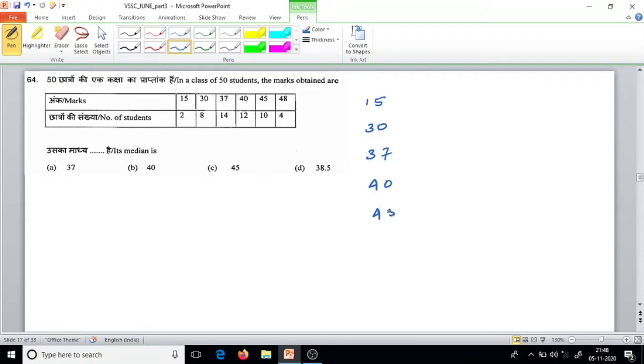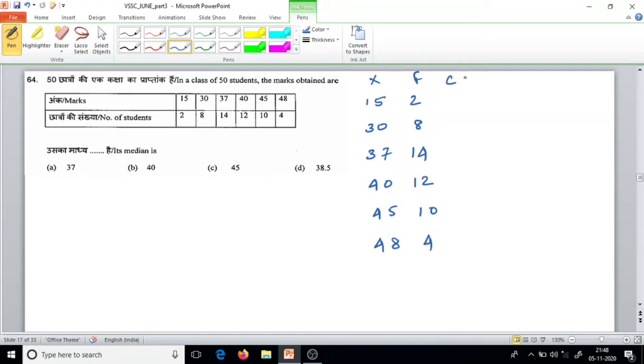Now this is the frequency, we will take the marks as x. Frequency is 2, 8, 14, 12, 10, 4. Now we will take cumulative frequency. Cumulative frequency means keep adding the terms. This will be 2.